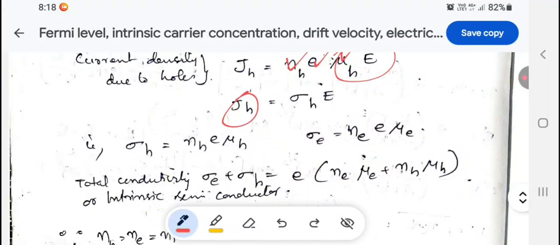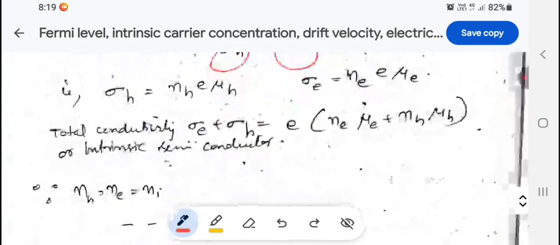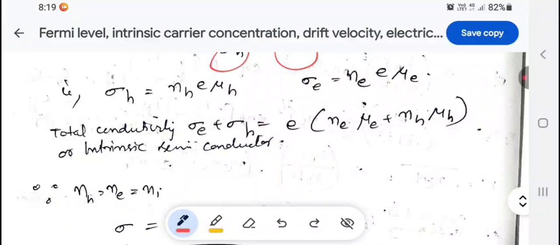From here, this term e NH mu H becomes sigma H. So substituting that gives the electrical conductivity term for holes. So the total conductivity is the electrical conductivity of the holes and the electrical conductivity of the electrons. So total conductivity sigma, sigma E plus sigma H, becomes e into Ne mu E plus Nh mu H.